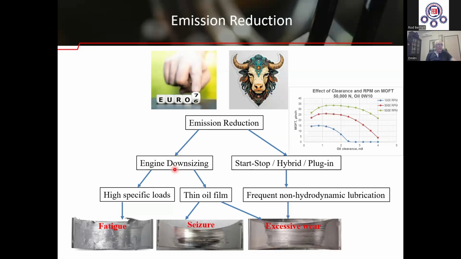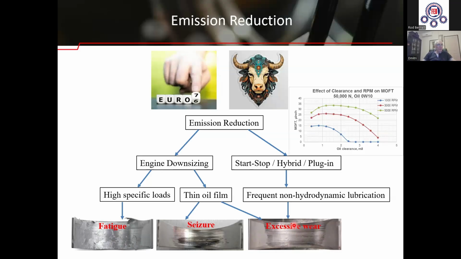And at the same time, the value of minimum oil film thickness decreases. So higher loads may cause fatigue, like you see here. Thin oil film may cause seizure and excessive wear.